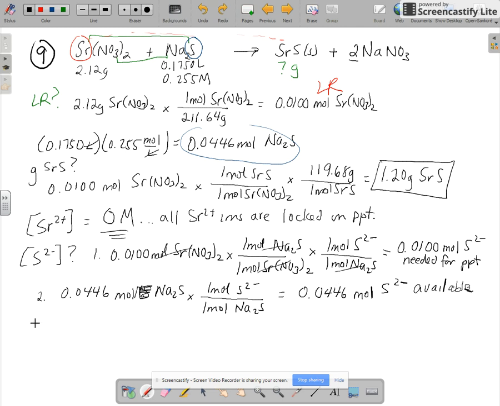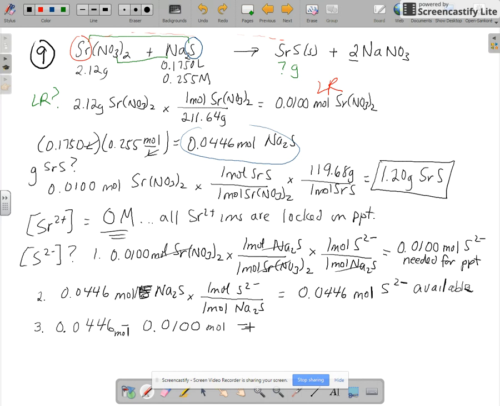And then step 3. I have sulfide available, and I have sulfide in the precipitate. Subtract those two. FYI, this little device I'm using is starting to write really slow. I apologize for that. I wish both these were labeled appropriately.